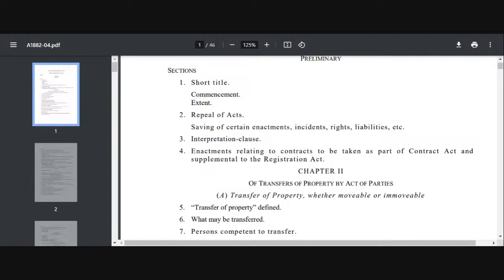Anyone who knows it? Who can tell me which is the last chapter of TP Act? How many chapters are there in TP Act? How many chapters and how many sections can you find in the Act?